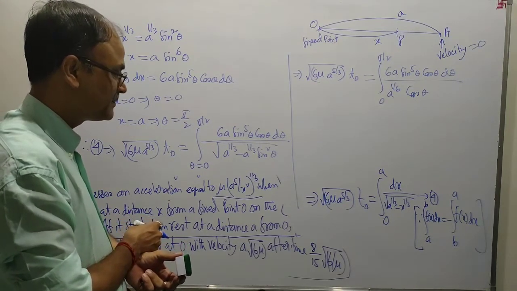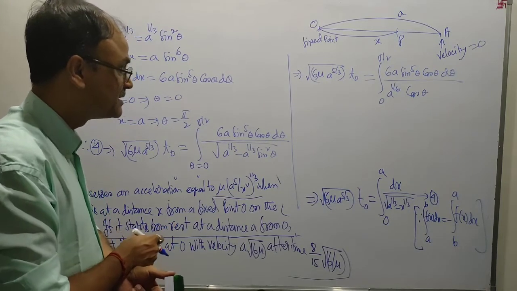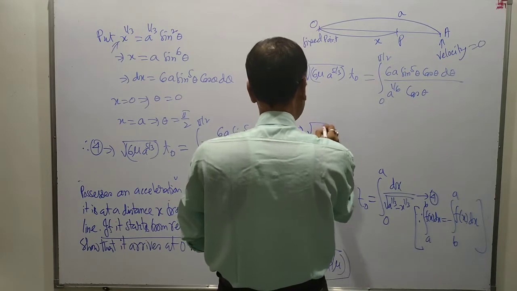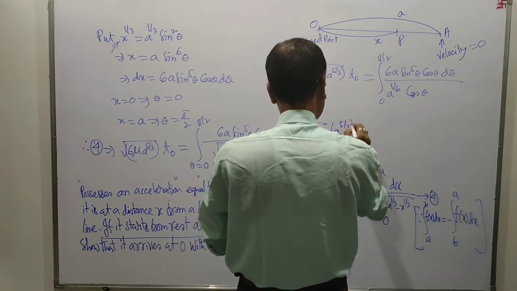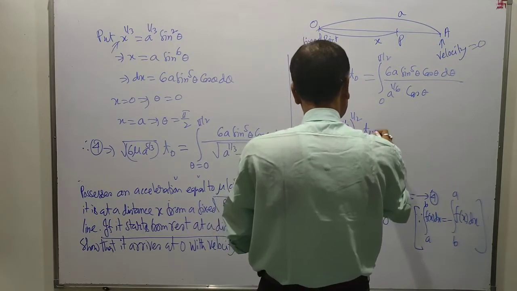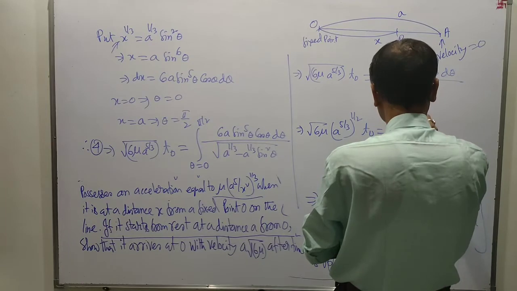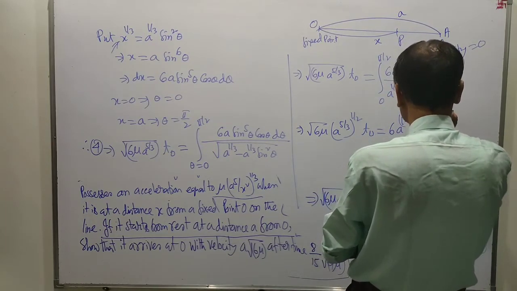Is it 5 by 3? Yes. This means root over 6 mu a to the power 5 by 3 whole to the power half. You may write like this. T naught equal to 6 a to the power 1 minus 1 by 6 into the integral from 0 to pi by 2.